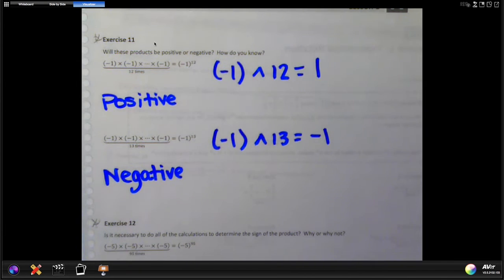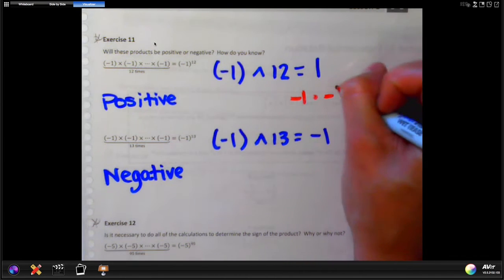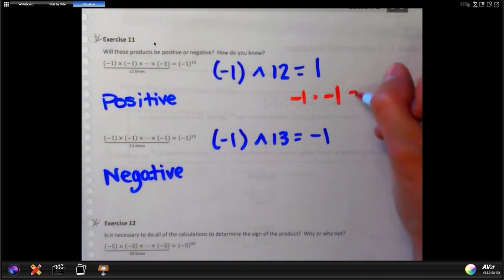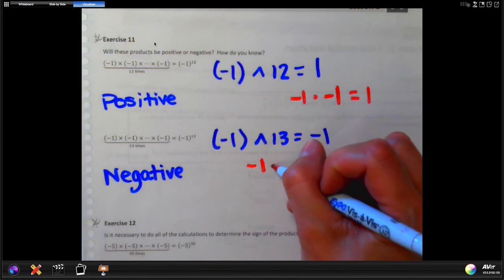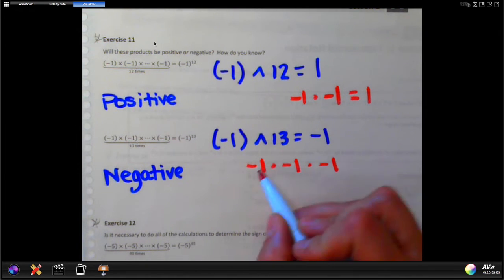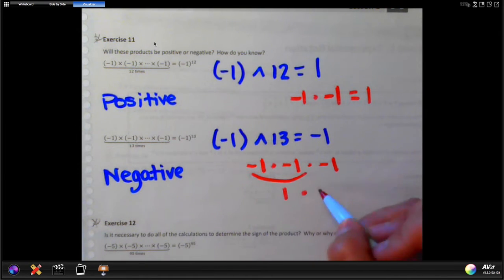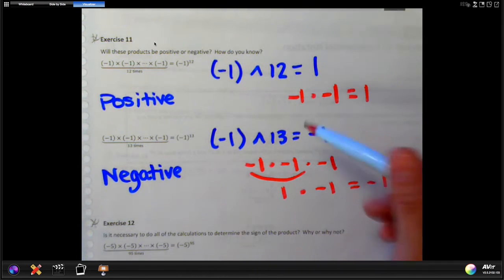If you do -1 times -1, a negative times a negative will give you a +1. But if you do -1 times -1 times -1 with 3 of them, well, this is +1 times -1, and you end with -1.